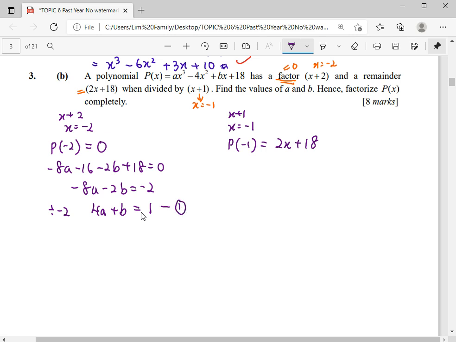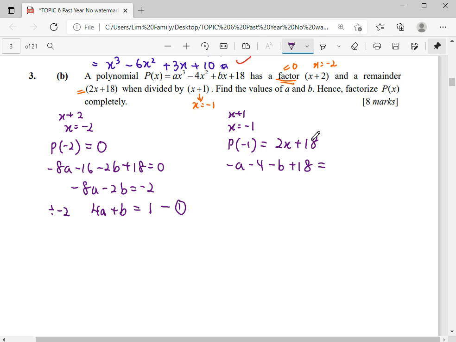Simultaneous equation number 1. Same thing we apply to this. We are going to substitute negative 1 into our polynomial. So we will get negative a. Then here negative 1 squared becomes positive. And then negative 1b, and then plus 18 equals our remainder.